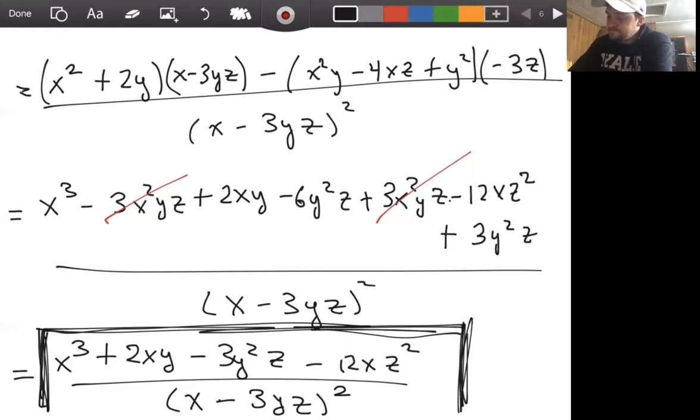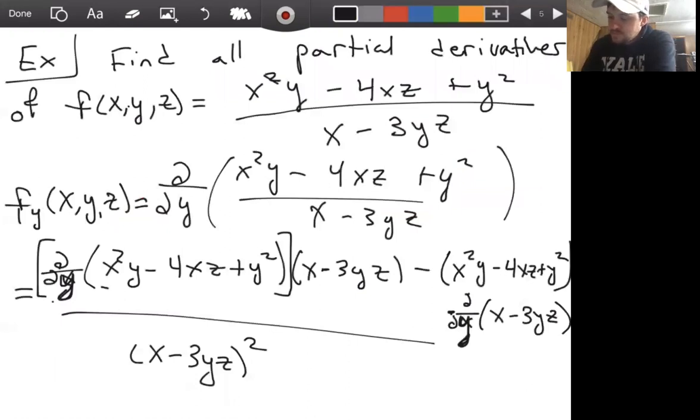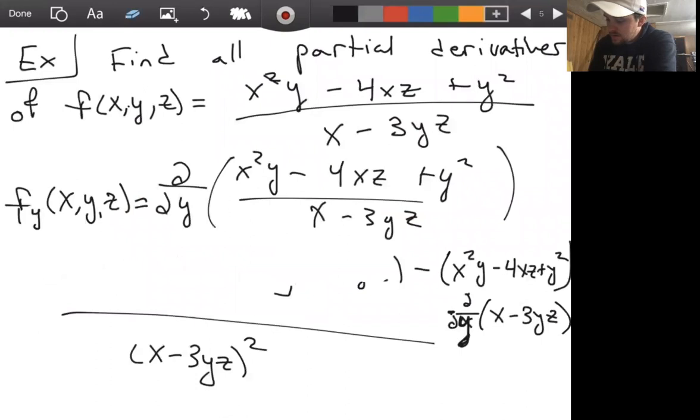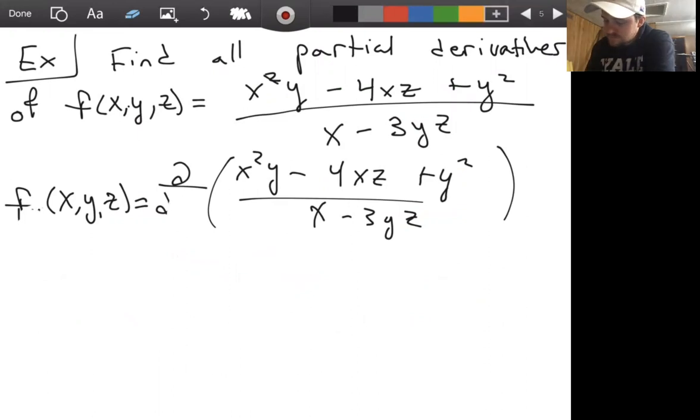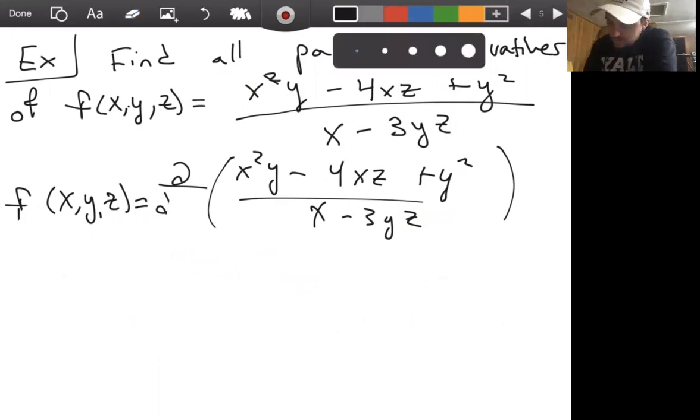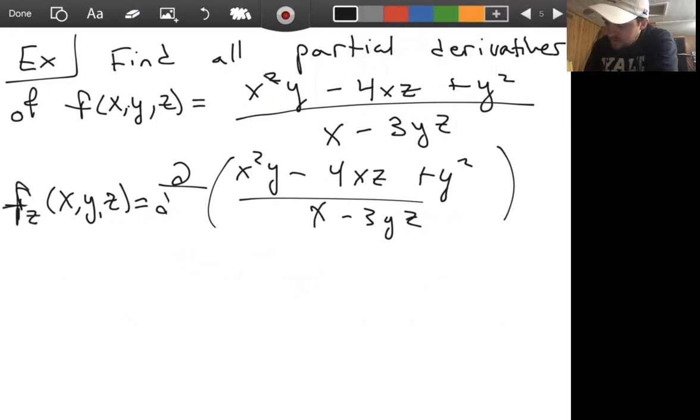And let's do this one more time so we can get the partial derivative with respect to z. I could have saved that, but it was a little messy, so I think I'll clean it up here. Let's take the partial derivative of f with respect to z. Now we're using the quotient rule again.